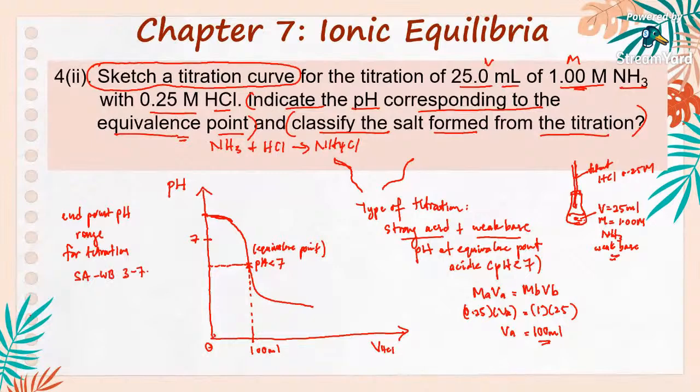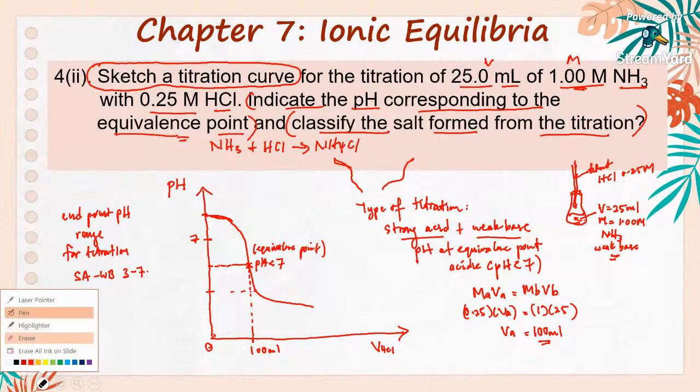That will give you a guideline. Roughly 3 to 7 is where you have the steep part of your titration curve. Not necessary to label the 3 over here, but just for your reference.